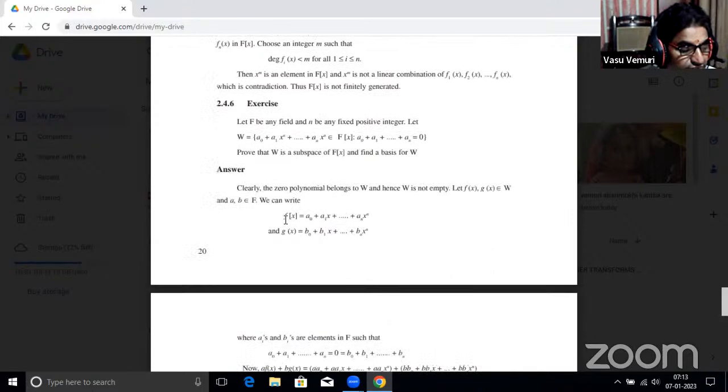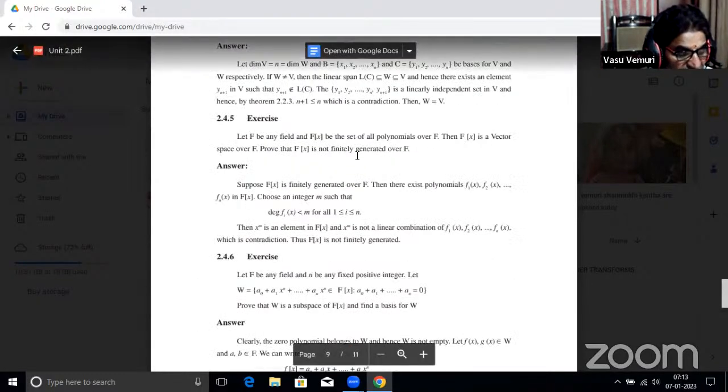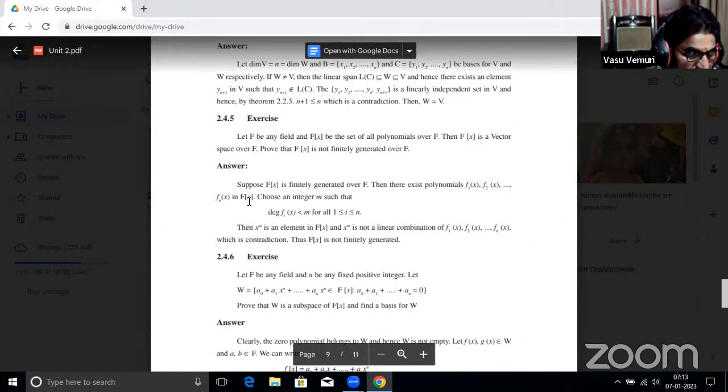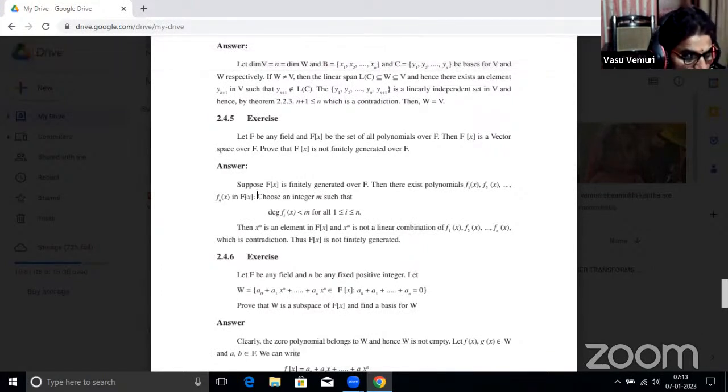See the next one. In the polynomial function, the set of all polynomials is not finitely generated, because there are so many polynomials f1 of x, f2 of x, and so on, fn of x. These polynomials all belong to F of x. But choose an integer m such that the degree of fi of x is less than m, because i lies between 1 and n.